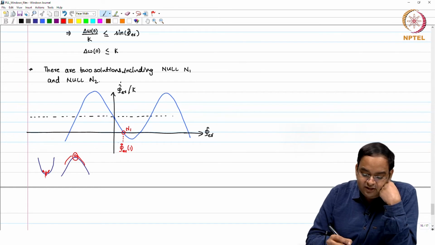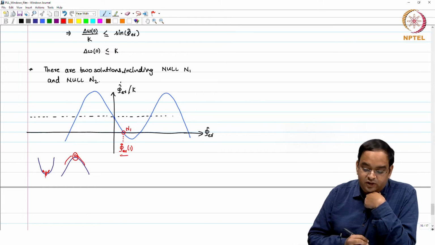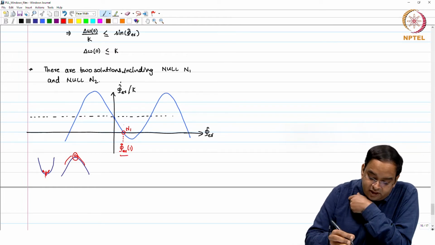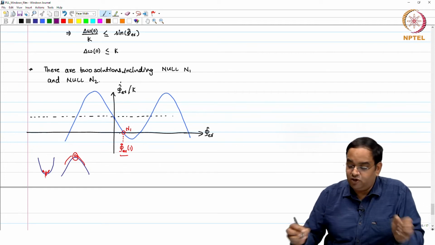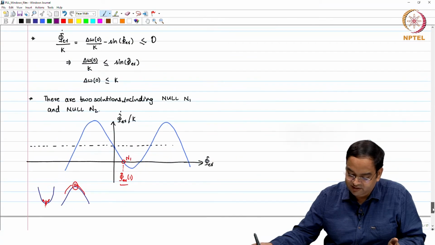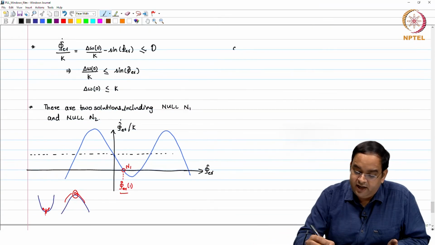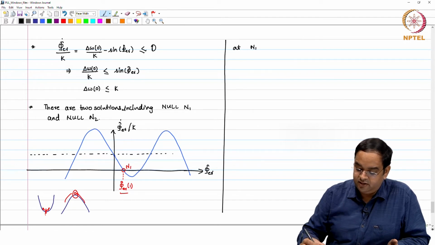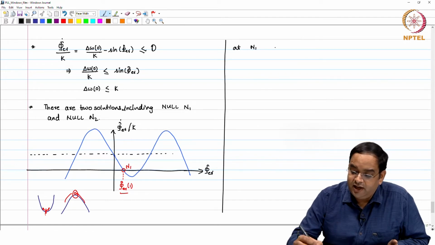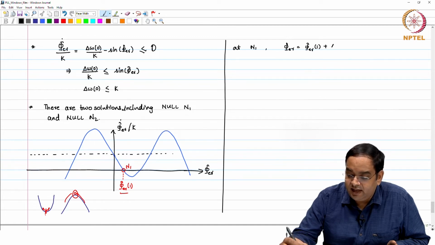If N1, or phase error 1, is a stable solution, then if we make a small disturbance at the N1 position, how are we going to make it? At N1, I apply phi error equal to phi error 1 plus delta.